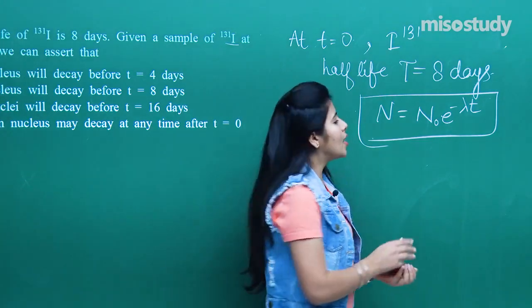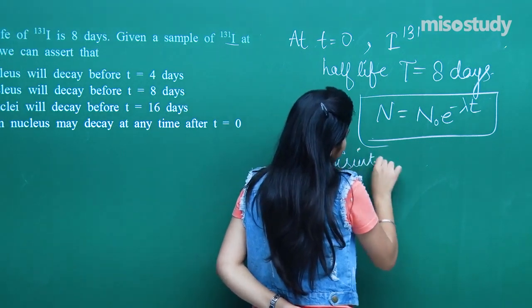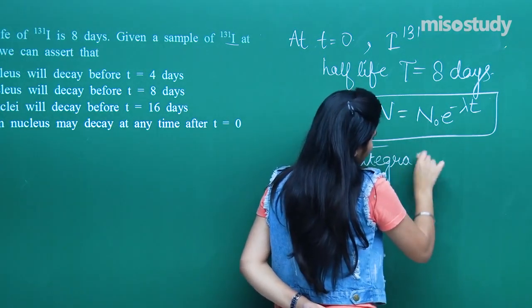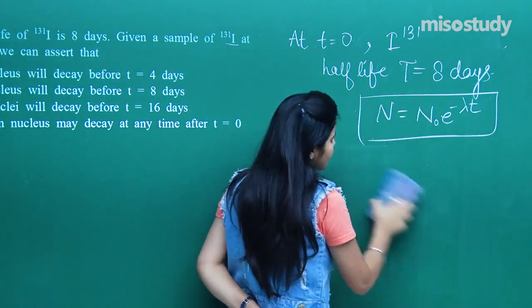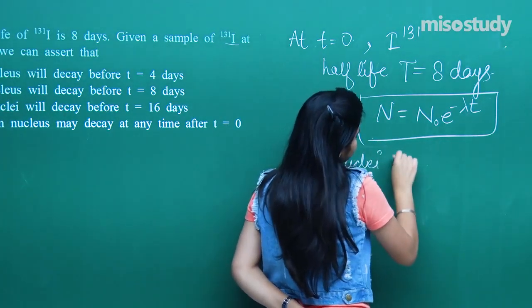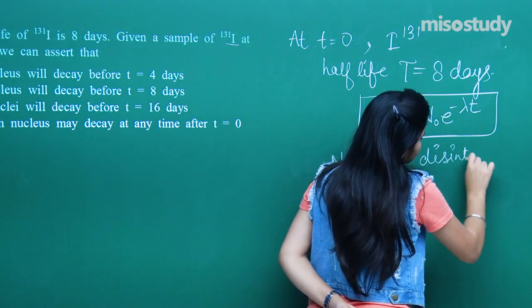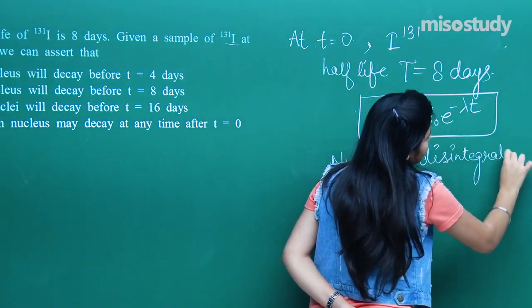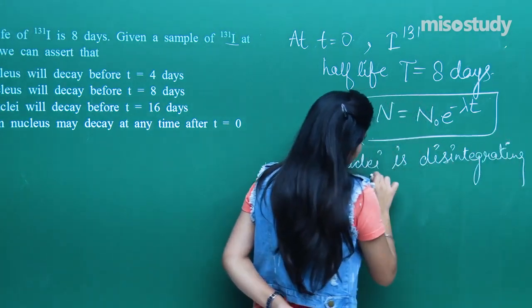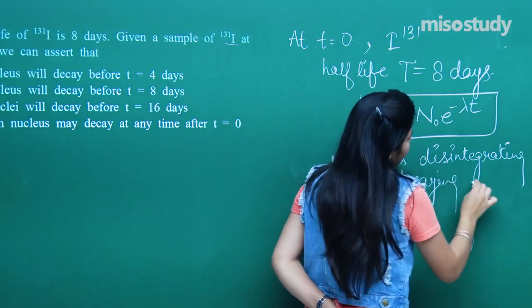Now you can see here the nuclei are disintegrating, or decaying, exponentially.